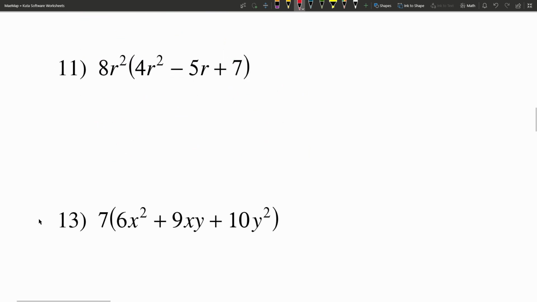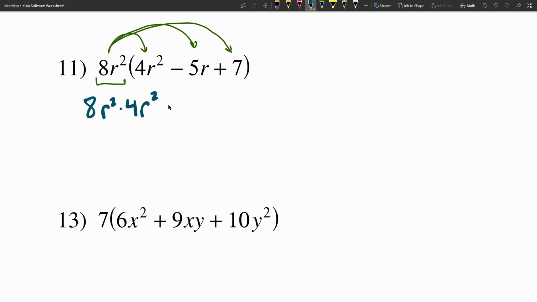In number 11, using those same methods, we're going to distribute our monomial, 8r squared, into each of the terms within our polynomial. So starting with 8r squared times 4r squared, then we're going to subtract 8r squared times 5r.